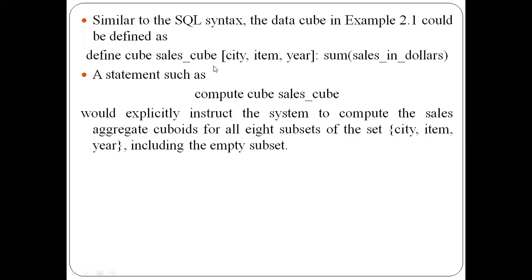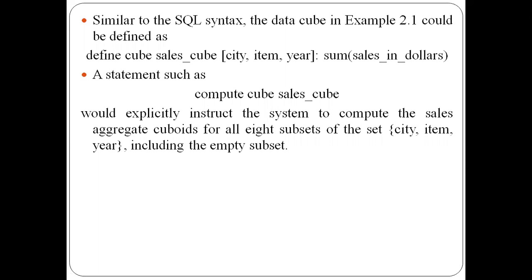Okay. If you run this statement, it is going to tell the system to compute the aggregation of the sales with respect to how many dimensions here. So totally how many dimensions do we have? 3 dimensions: city, item, and year. But how many subsets of these dimensions will be present?